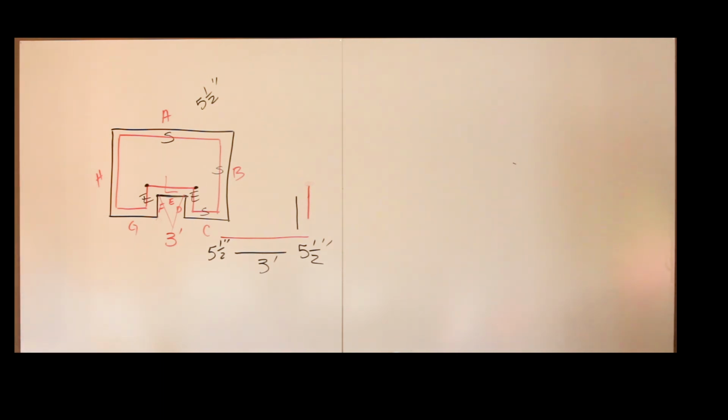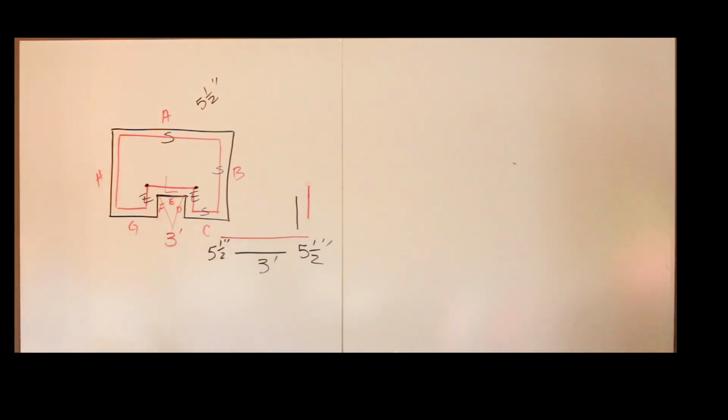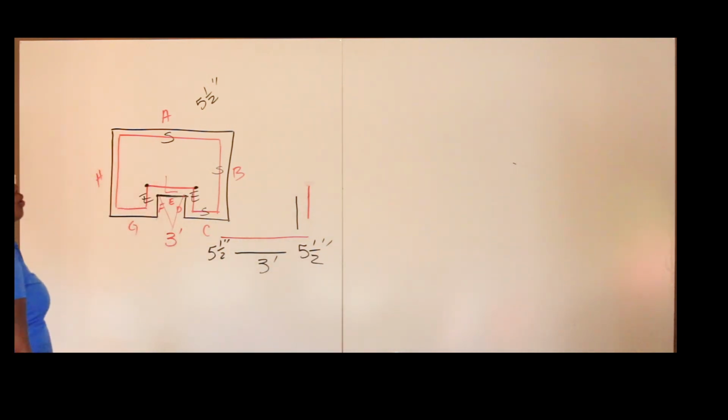All right? So we're given 3 feet. We want to find something longer. You need something larger, you need to add. What are we adding? Well, what's the thickness? The thickness is 5.5 inches from left and 5.5 inches on the right.